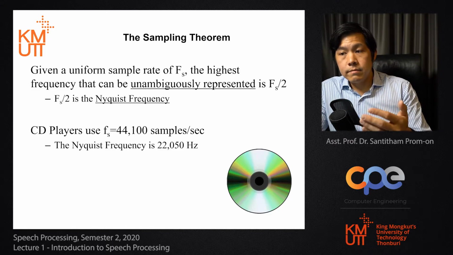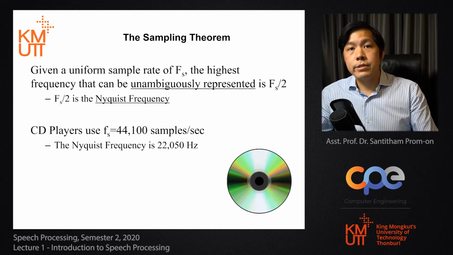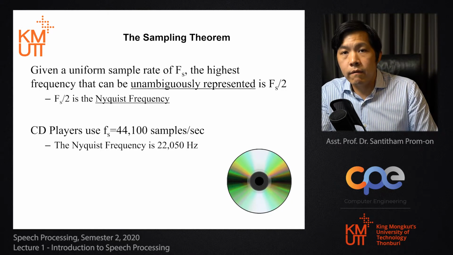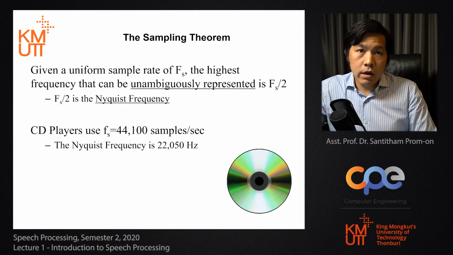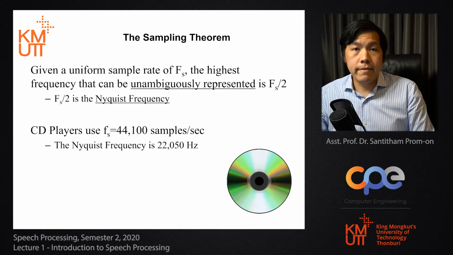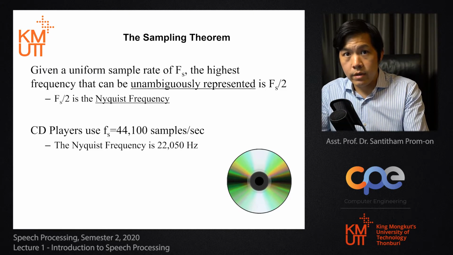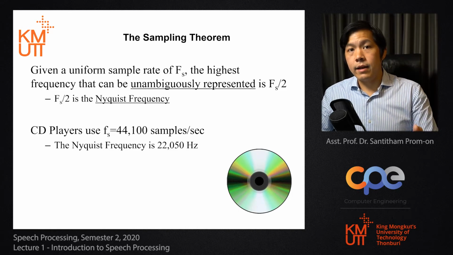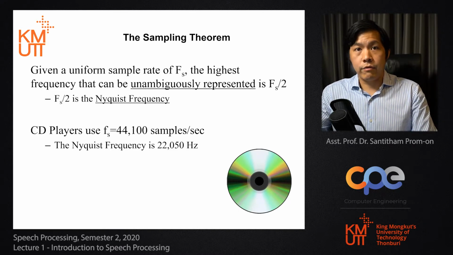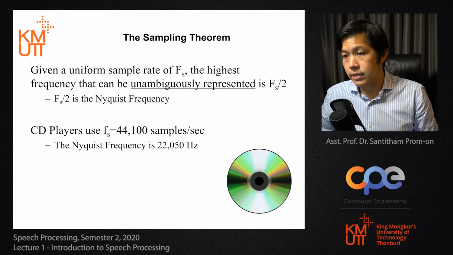That means CD can represent a maximum frequency of about 22K. Frequencies beyond 22K cannot be accurately represented. If we are not filtering them out, it will create something like an aliasing effect, where some of the high frequency will fall back and create some type of noise in the sounds.